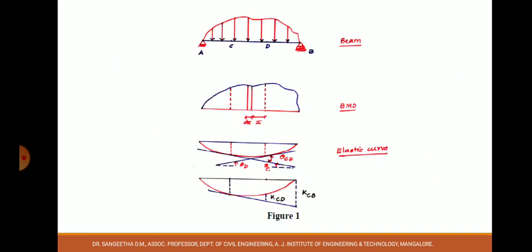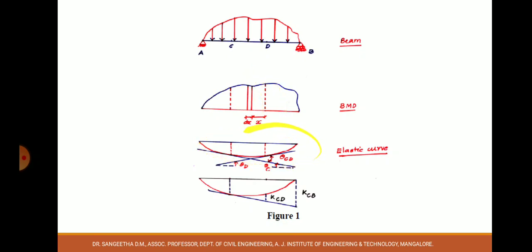Here is the theorem explanation for the two statements. Consider a beam AB subjected to a load. Let the bending moment diagram be as shown in this figure. Consider a small elemental area dx at a distance x.